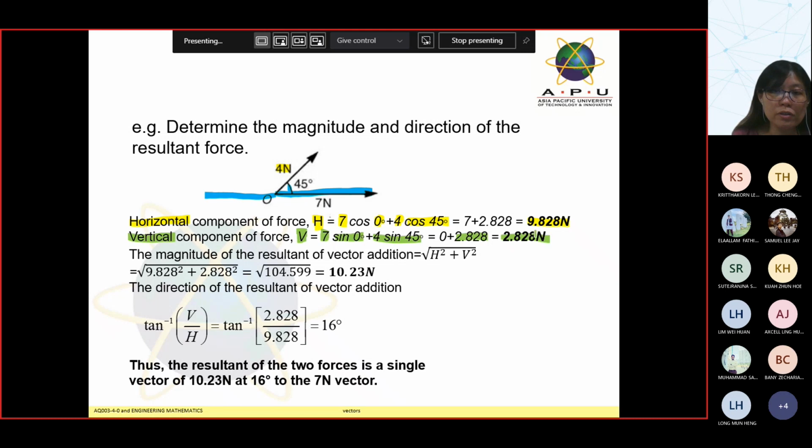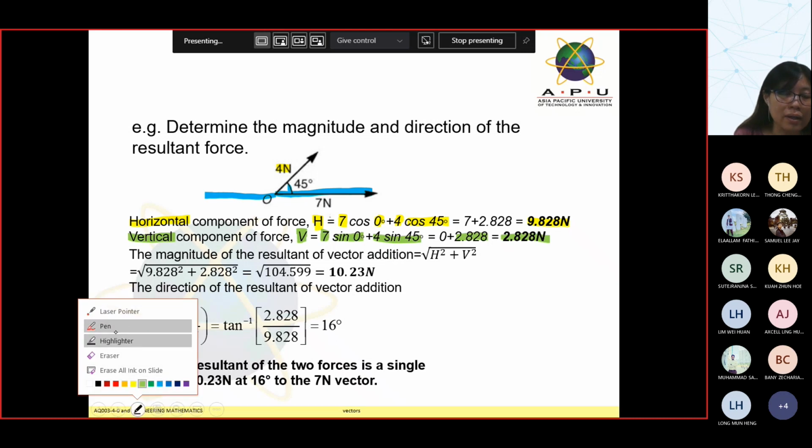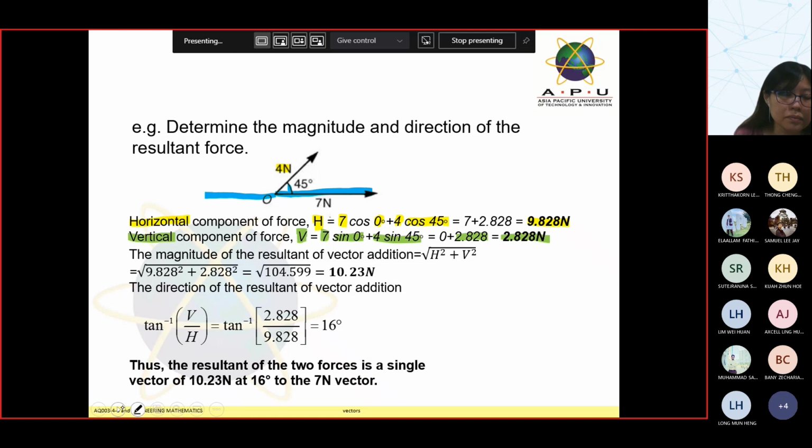So you have horizontal, you have vertical. Now the magnitude of the resultant vector. What is a magnitude? The magnitude is calculated by R equals the square root of H squared plus V squared.